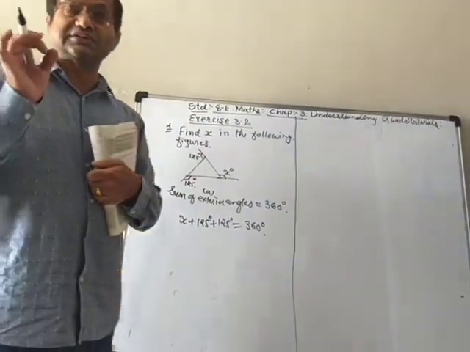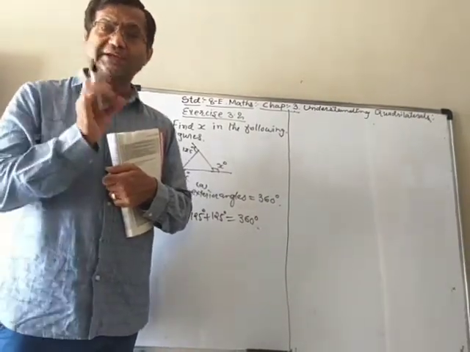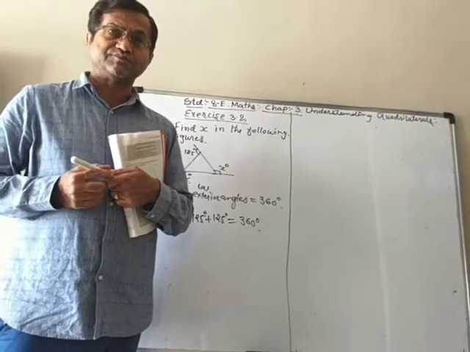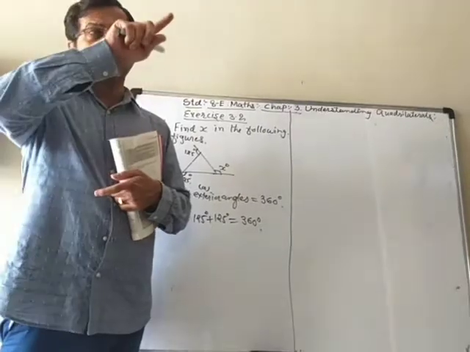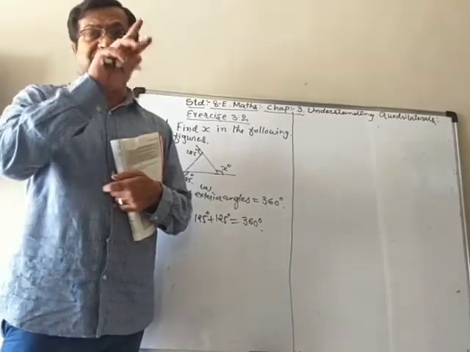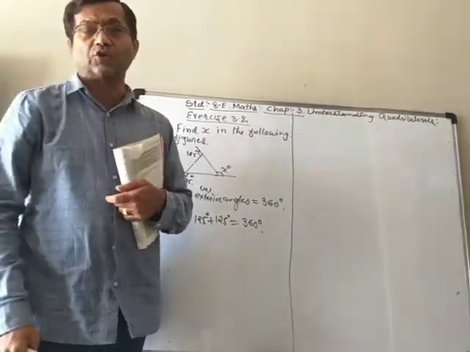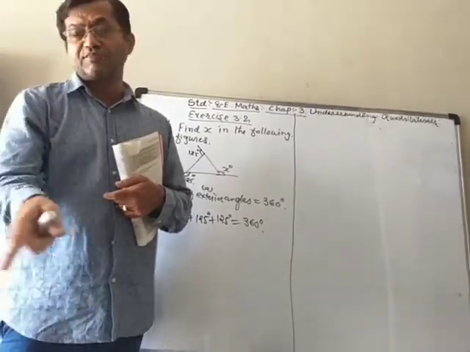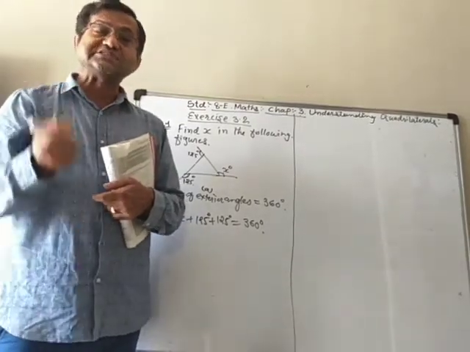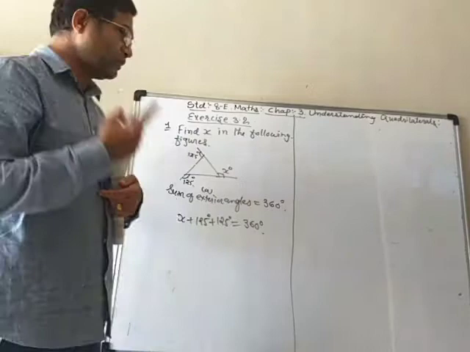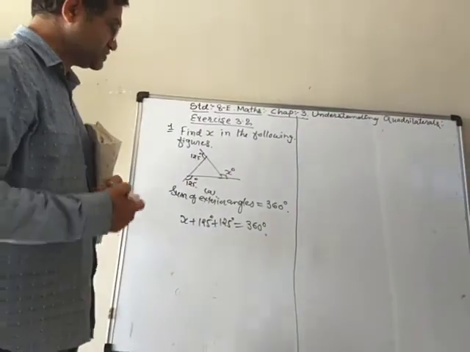Because it doesn't matter whether it is a triangle, quadrilateral, pentagon or hexagon, the sum of exterior angles will be 360. Yesterday we also learned that when we start from a point, go side by side and come back to the original position, we have to take a circular round, and it makes 360 degree. So the sum of all exterior angles of any polygon is 360 degree.